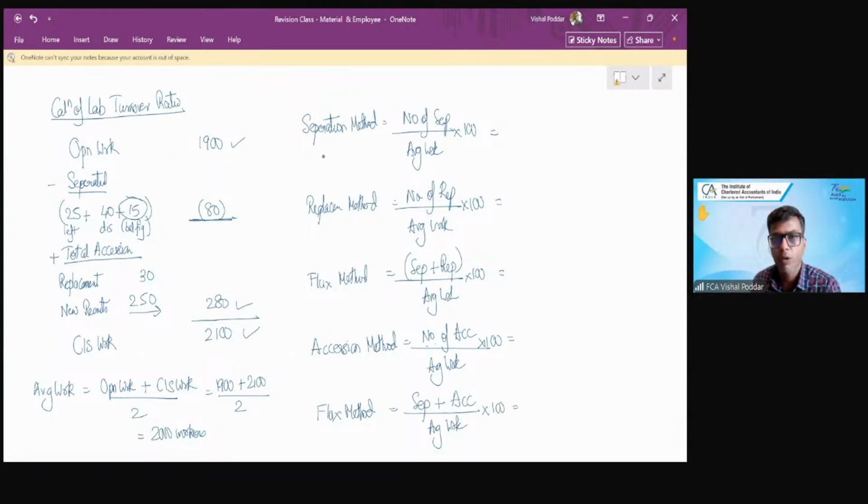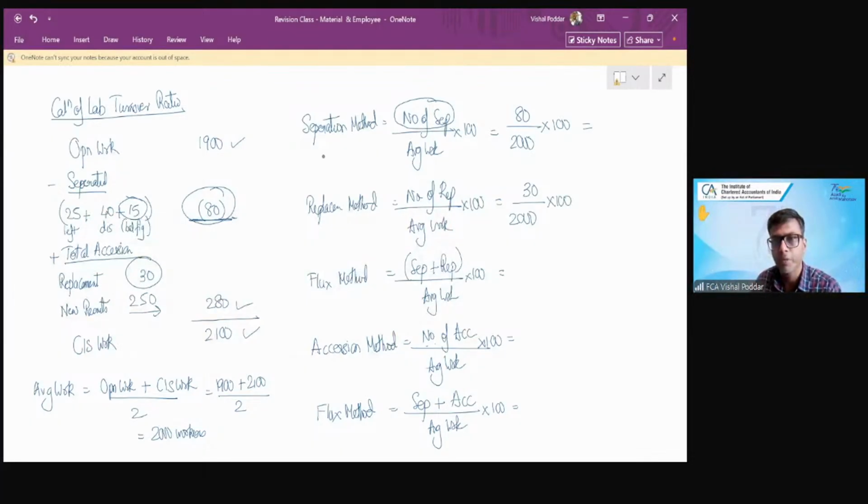So if I go by the first formula, number separated, how much is separated? It is 80. So 80 upon 2000 into 100 is my first answer. Then if I go by replacement, replacement is only this, so 30 upon 2000. Then flux of this.